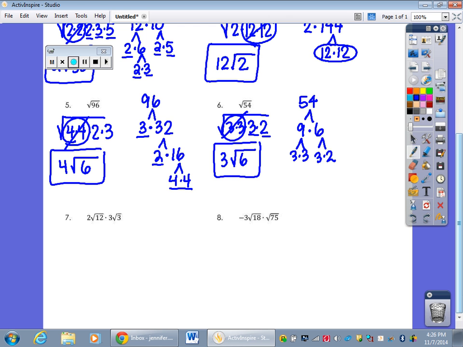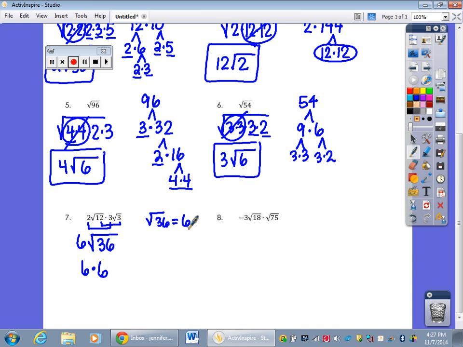When you're multiplying, you multiply the outside two together, that would be 6. And then you multiply the inside two together, and that would be the square root of 36. And what is the square root of 36? The square root of 36 is just 6, no square root sign. Okay, so square root of 36 is equal to 6.